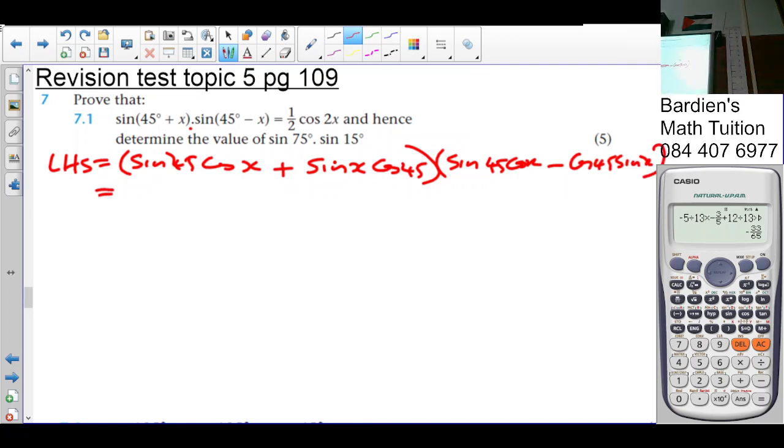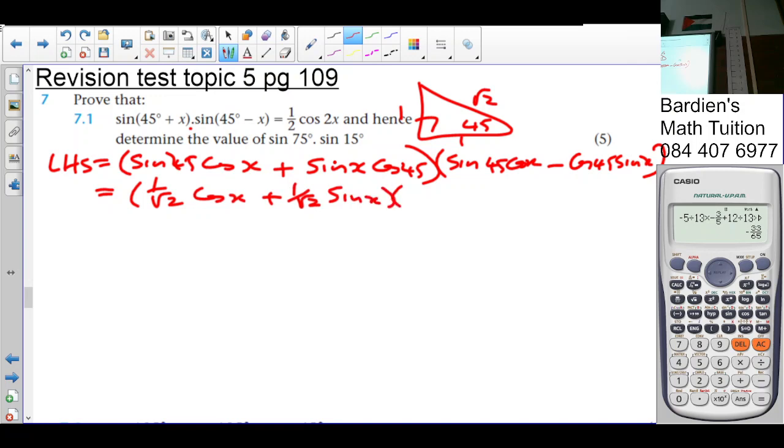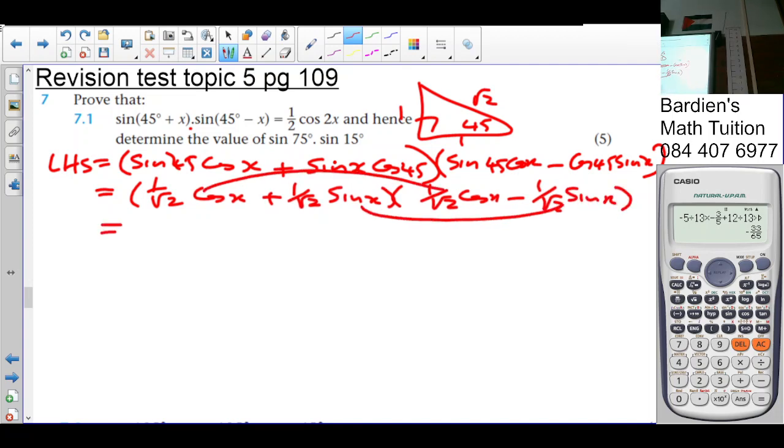Again, this can be written as 1 over root 2, that's the 45-degree triangle there. So it's 1 over root 2 cos x plus 1 over root 2 sine x, times 1 over root 2 cos x minus 1 over root 2 sine x. What you should note is the conjugate pairing form there. Multiply the first and the last: 1 over root 2 times 1 over root 2 is 1 over 2 cos squared x, minus 1 over 2 sine squared x.